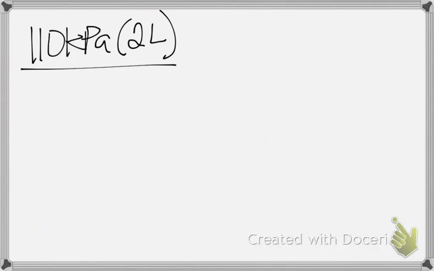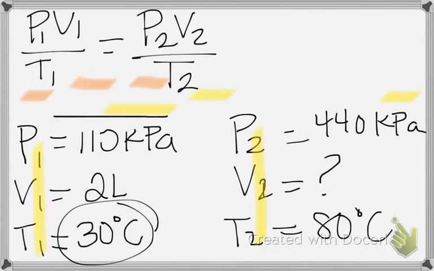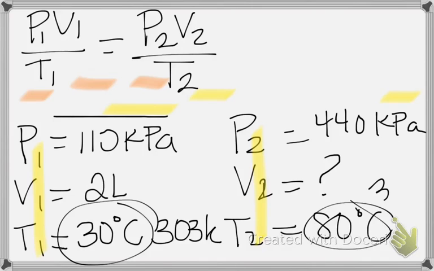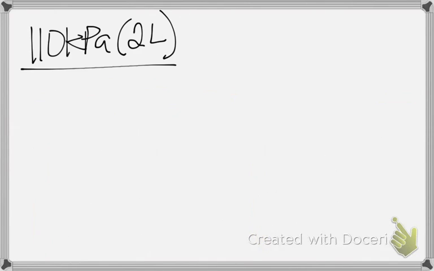For P1, it was 110 kilopascals times 2 liters, because that was my volume, over my temperature. Now remember, the temperature was 30 degrees, so what do I need to change it to? Very good. I need to change it to Kelvin, so 303 Kelvin, and then the same thing over here, which should be 353.